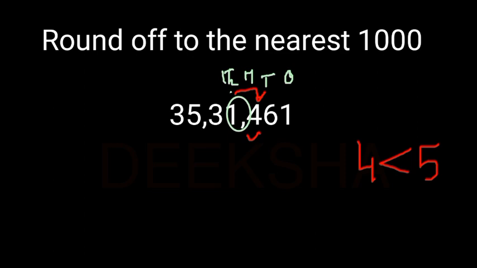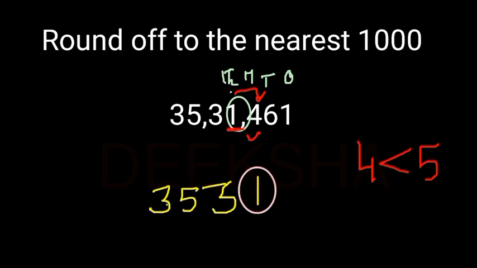Here we will leave the digit at the thousands place as it is. We will not add 1 in the digit which is at thousand place because 4 is less than 5. So in this example, therefore 1 remains as itself.